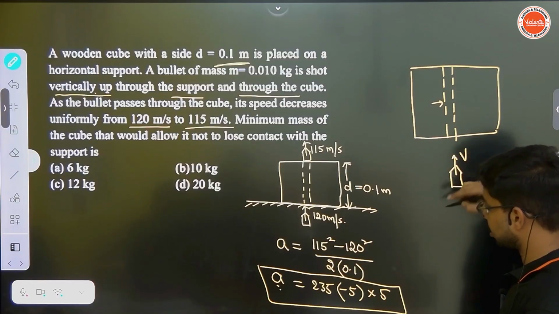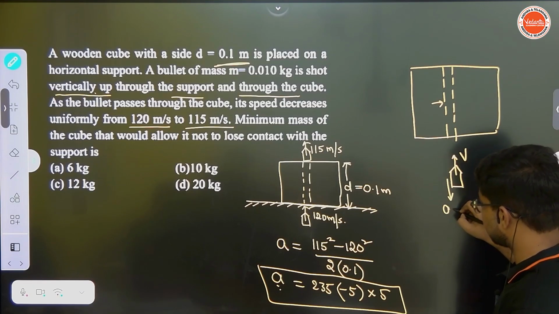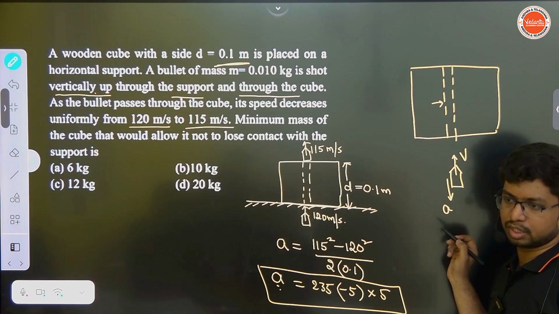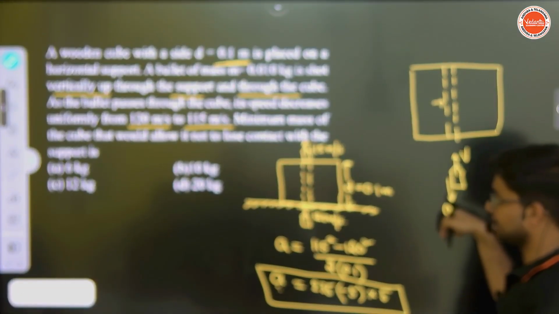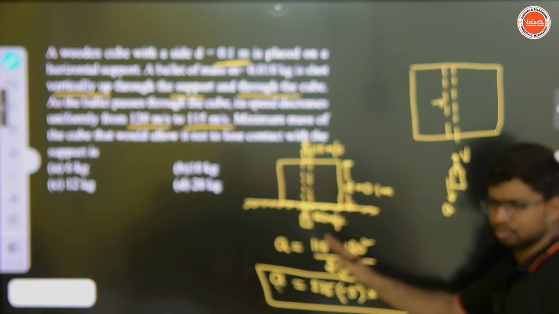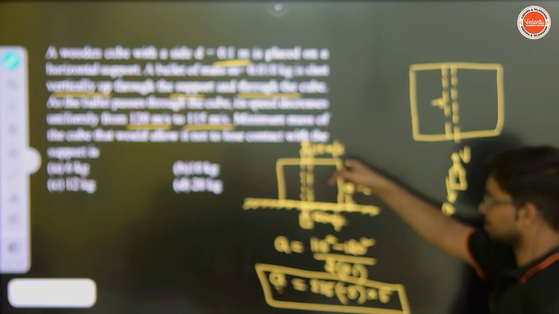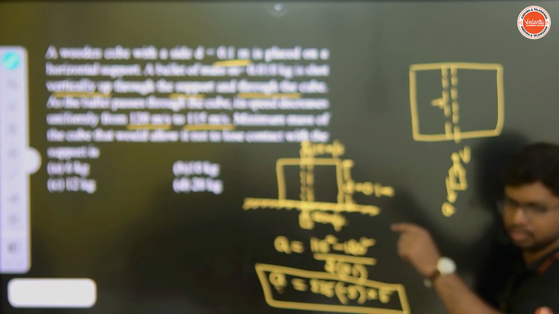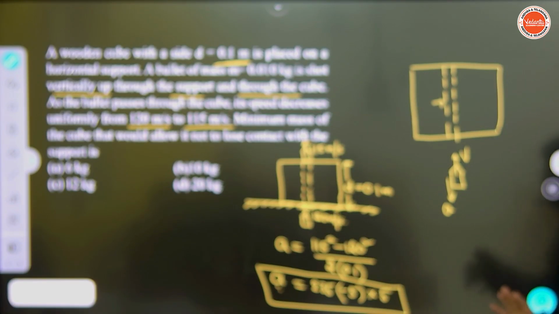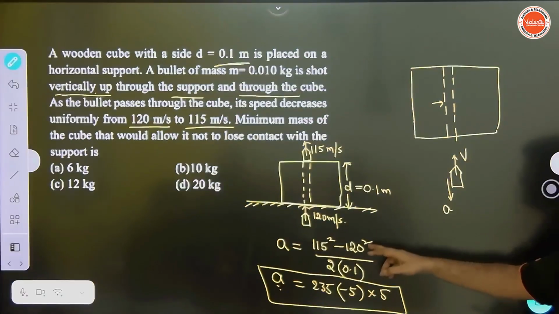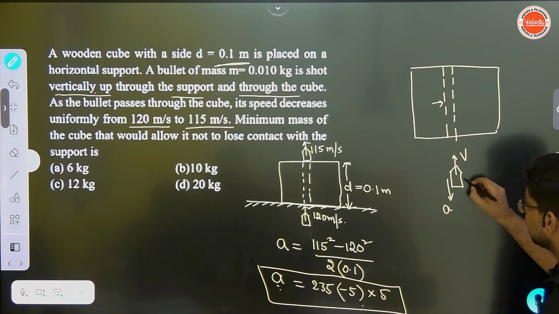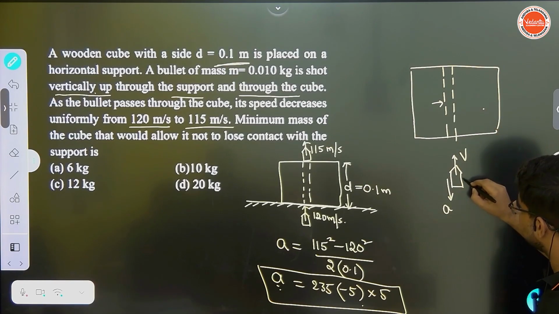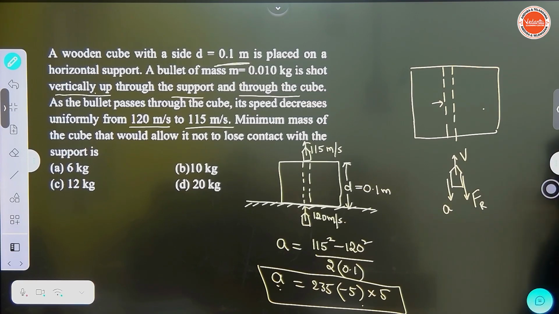So if it has to decrease its velocity, I should show its acceleration in the downward direction. Correct? Its mass is very negligible, so because of mg force it would just have acceleration g in the downward direction. But instead, this is a very high acceleration, right? So that means this block is actually applying some resistance force in the downward direction.